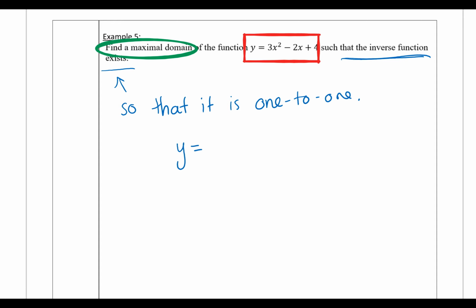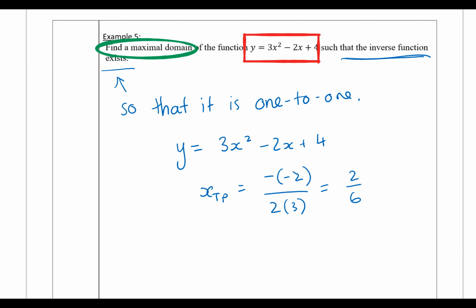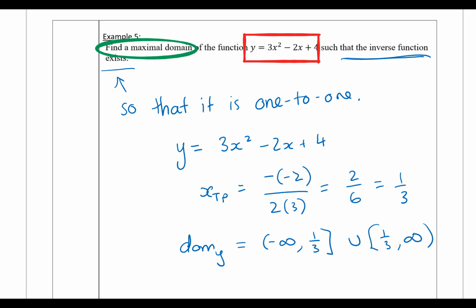So if y equals 3x squared minus 2x plus 4, the axis of symmetry is negative b over 2a. So that's just going to be 2 over 6, or 1/3. The maximal domain, the domain of x, could be equal to, or let's say rather the domain of y, I mean to say, could be equal to negative infinity to 1/3, or it could be 1/3 to infinity. Either one of these answers would be correct.